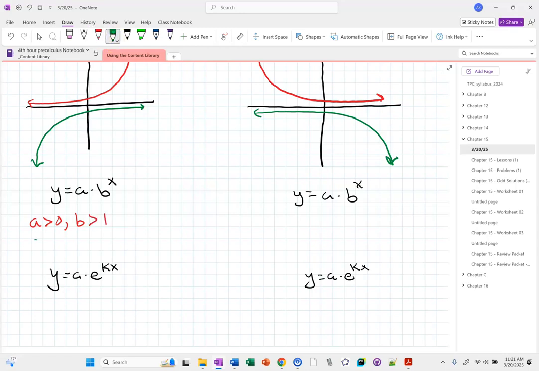If it's the green graph, a is going to be negative and b would be between 0 and 1. Or if it was written in the form with e in it, we would have a positive and k positive, or a negative and k negative.